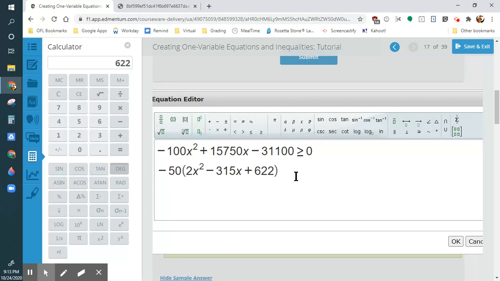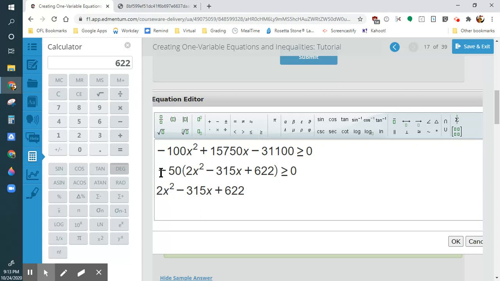Oh, I almost forgot. I forgot a bunch of things here, guys. Oh, I'm so sorry. 0. And this is going to end up being 2x squared minus 315x plus 22.